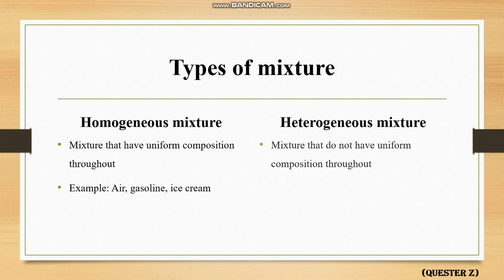While a heterogeneous mixture is a mixture that does not have uniform composition, where things do not mix with each other. For example, if we add sand in water, a lot of sand will remain at the bottom of the glass, while some particles remain in the middle of the glass. So that is not homogeneous. Examples are soil, rock, and wood.